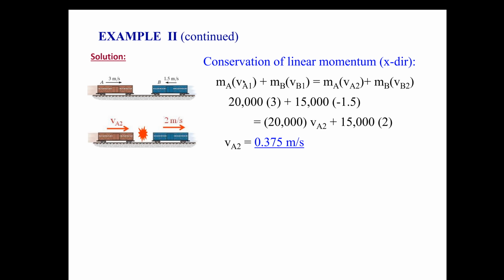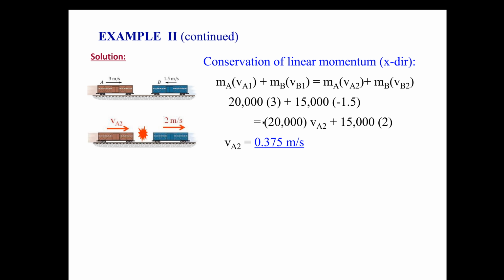First, we have momentum associated with car A and momentum associated with car B when we start. And after the collision, we have momentums associated with each of those cars. Here's A, here's B. One of the things we have to pay attention to is the direction of the car. In this case, it's negative 1.5 meters per second, with positive velocity going in the positive x direction.